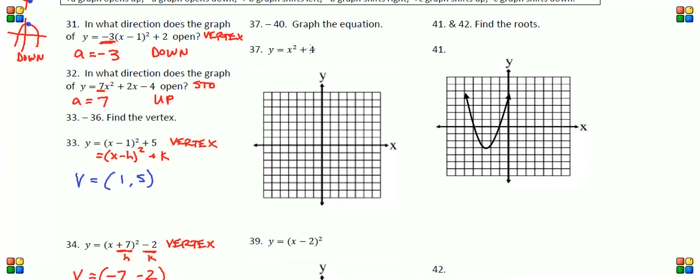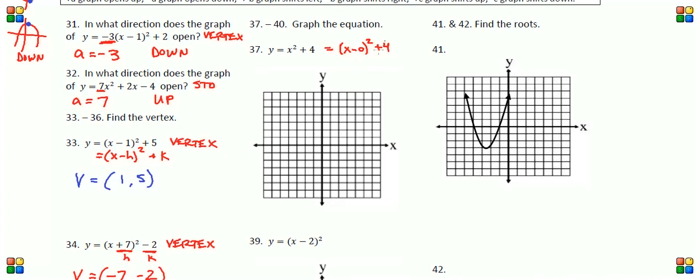If you look at this, x squared plus 4, since there's no b value, this is the same as x minus 0 squared plus 4. With no b value, we can easily convert it to vertex form.